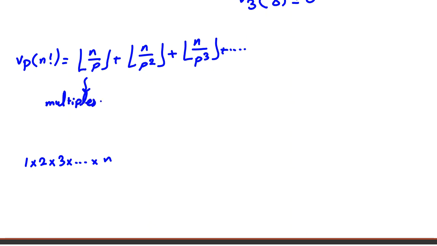Here we are counting multiples of p squared. Here we are counting multiples of p cubed. So when we reach p cubed or something times p cubed, we count it 3 times, and that's okay because we want to find the power of p in n factorial. So this one will be the answer.